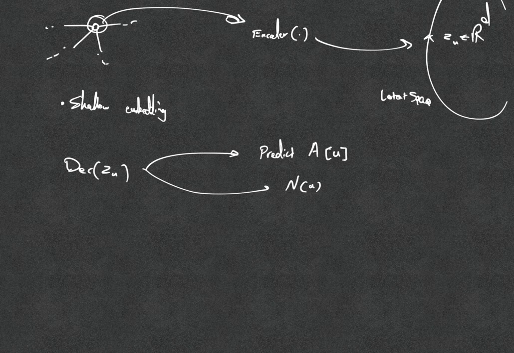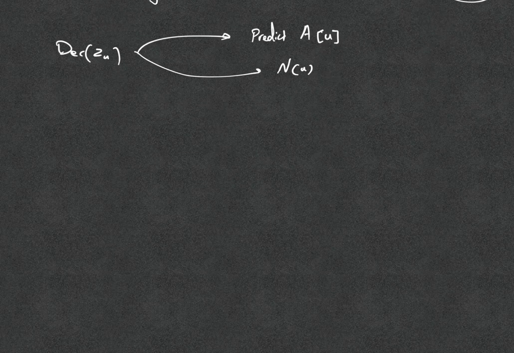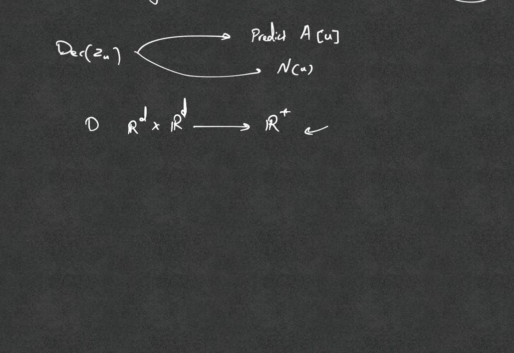But one of the standard practices is to focus on similarity, meaning that you have the embedded vector for node u and you have the embedded vector for node v, and you want to find how similar they are, so the output is a non-negative real number. And this would be essentially the domain and range of the decoder.